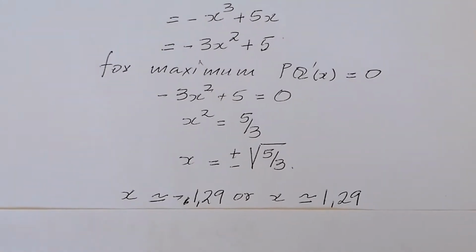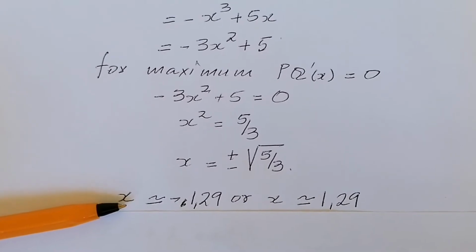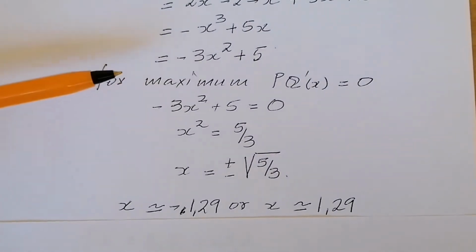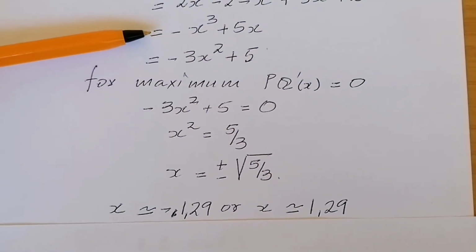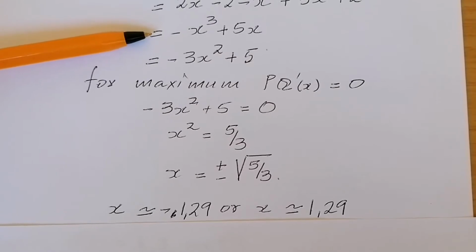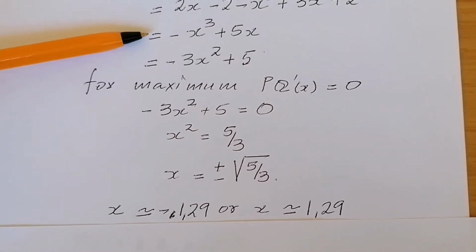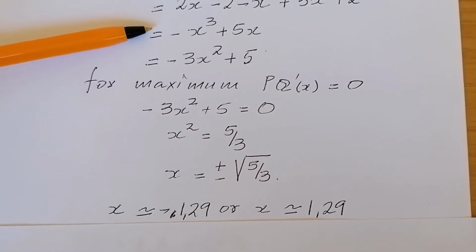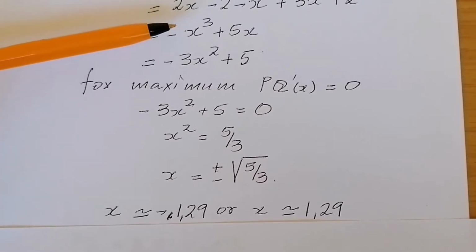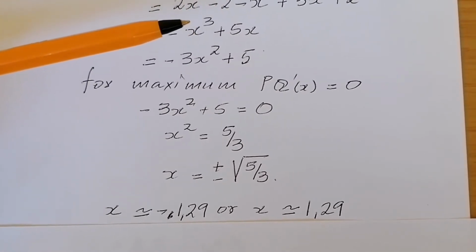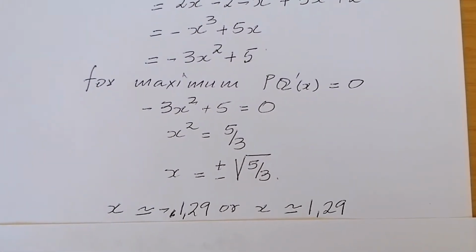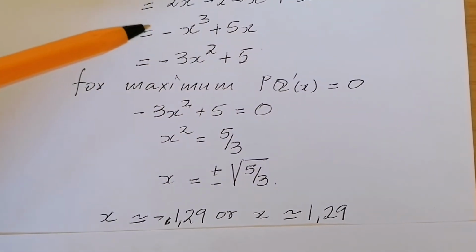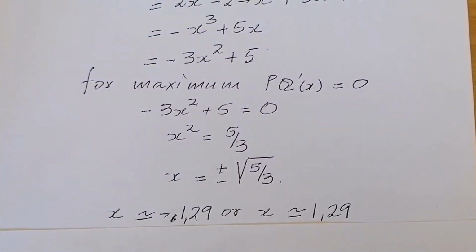Now, for maximum length, you need to substitute these two values into that particular equation. Remember, this was the equation that was defining the maximum length, which is minus x cubed plus 5x.